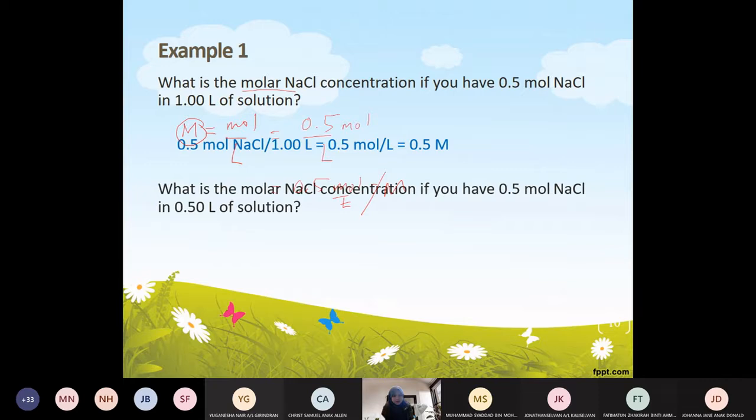Okay, second question. What is the molar sodium chloride concentration if you have 0.5 mol in 0.5 liter? Siapa boleh jawab ni?